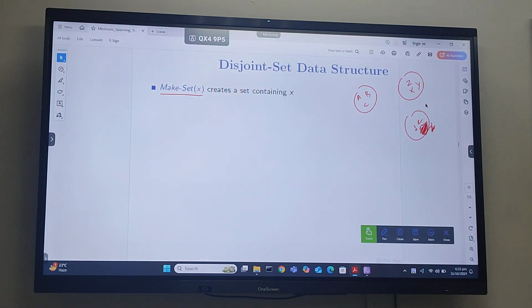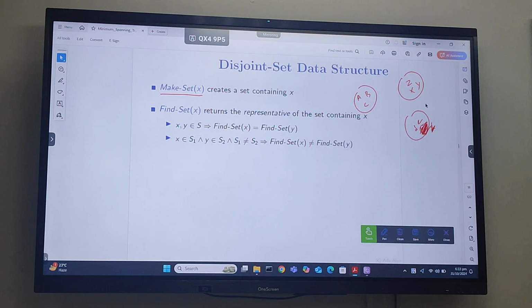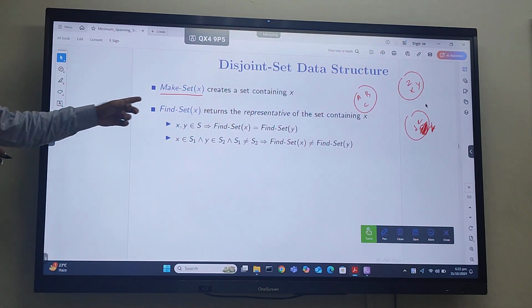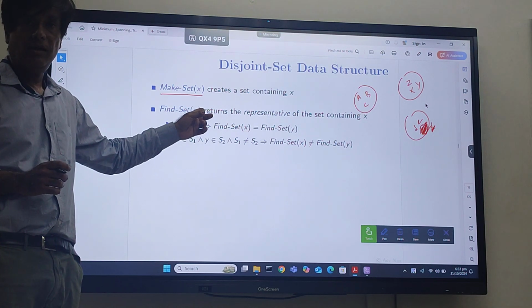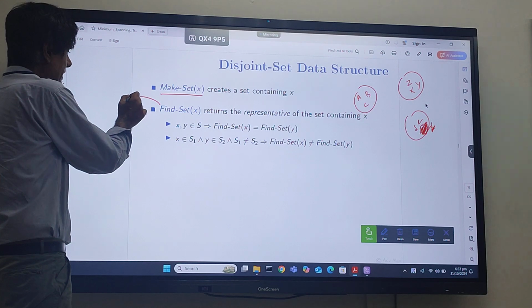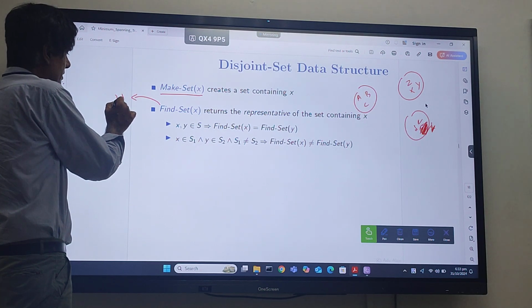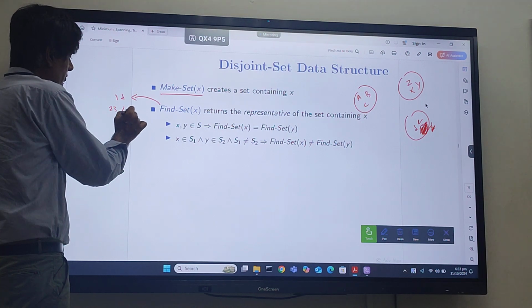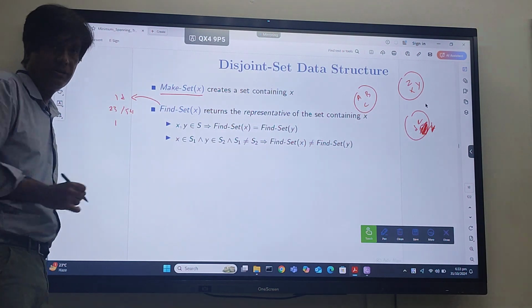The other function that it has is called find set. You give it an element of a set and it returns some ID, which can be a number, say 23, 54, 1, whatever.